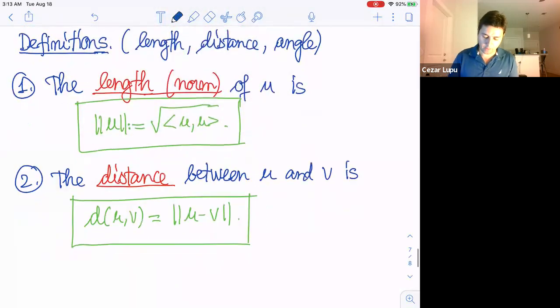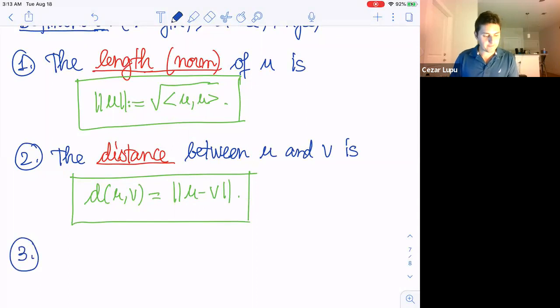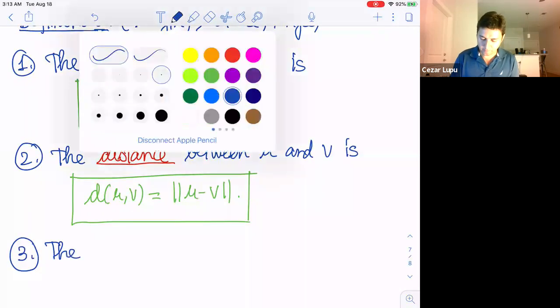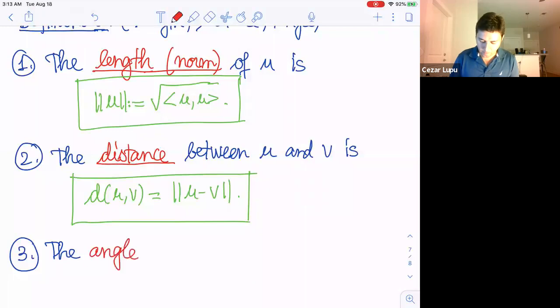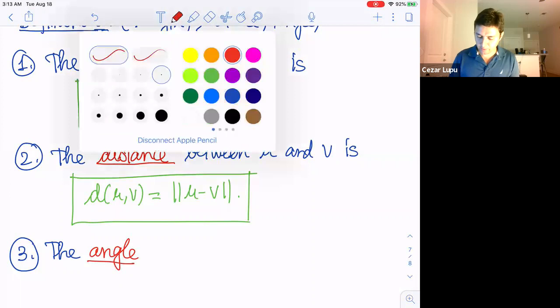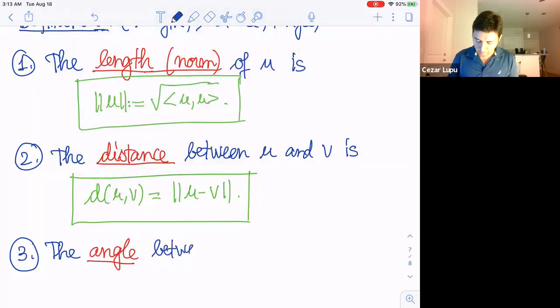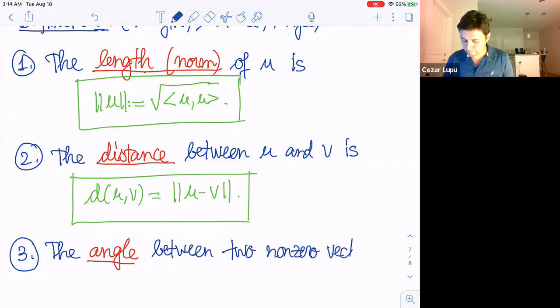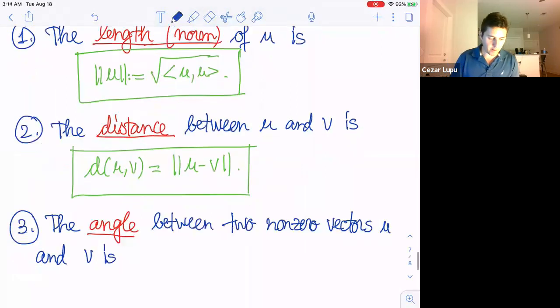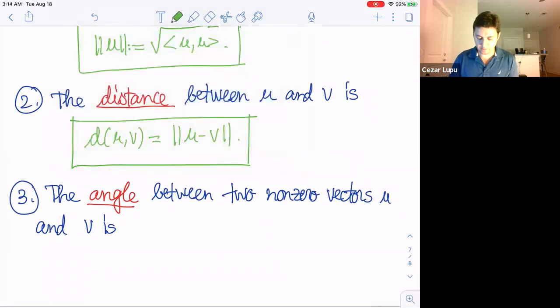And now the third one, the angle between two non-zero vectors u and v is given by, and the formula is pretty much the same, the cosine of theta will be nothing else than just the inner product between u and v over the norm of u times the norm of v, right?